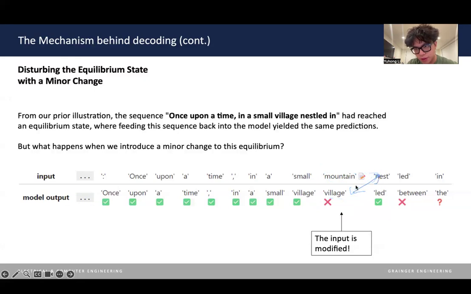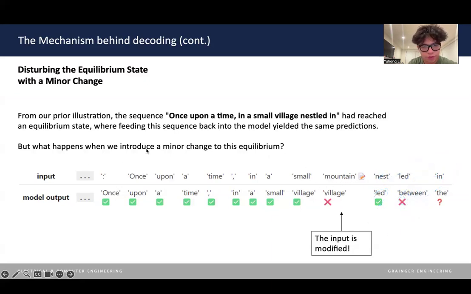In a greedy sampling style, this doesn't match, which means mountain was modified, and the rest of the outputs are not consistent. This matches, but this does not match.